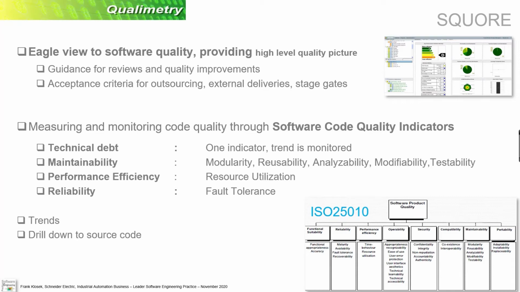You can focus your work on one or the other criterion and see if the teams are going in the right way. And what's very important, you can drill down to the source code. That means you have a very high level display saying maintainability is not good. You can go into your module, into your file, and see what files are not good or should be worked on.